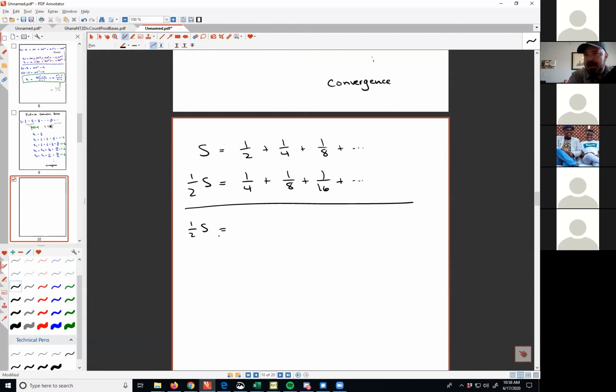But what happens on the right-hand side? You are left with the half, which is also the ratio, minus whatever the final term you could reach times half is. Other than 1/2, every other term exists in both series.